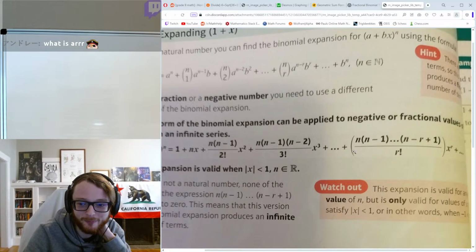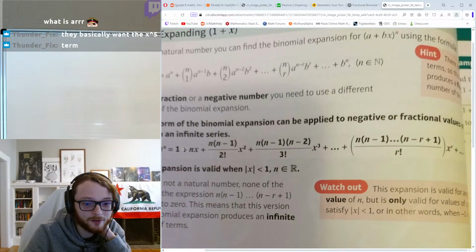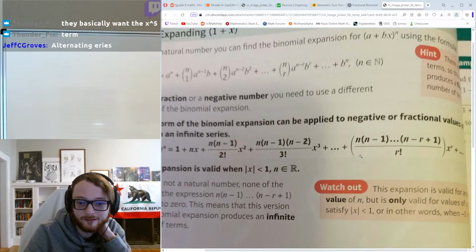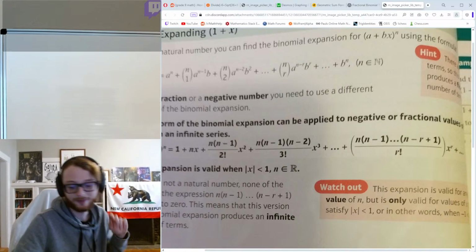It makes me uncomfortable, but I guess you can do it. Oh, you're right. The sixth term would be with 5. Yeah, it would be alternating. You're right, Jeff. N minus r plus 1. So it'll be from n to n minus 4 over 6 factorial. Nope, sorry. Over 5 factorial times x to the 5th. Let's write that out, I guess.